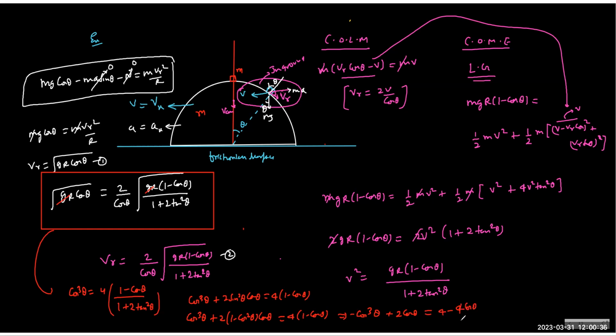Am I missing something? Everything's fine. So cos cube theta minus 6 cos theta minus 4 equals 0. x cube minus 6x minus 4 equals 0.